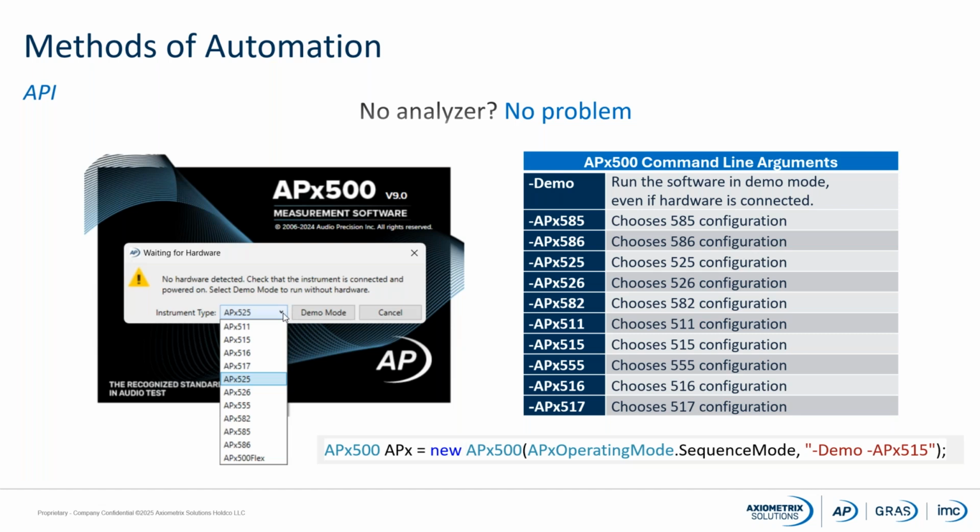And what you'll see there is it allows you to emulate any of the models of analyzers that we sell in what we call demo mode. And the same thing is available to you when you're programming. So all you have to do is, in your instantiation call, after the argument for operating mode, you put in the demo mode argument and then insert the analyzer model that you want to emulate.